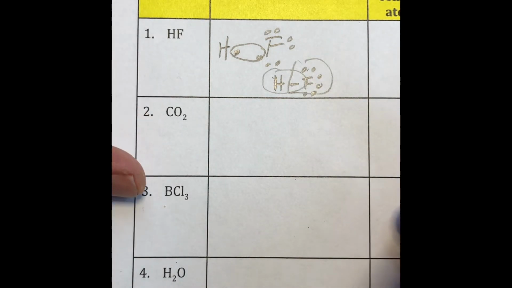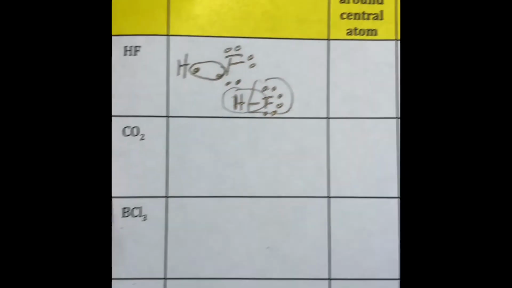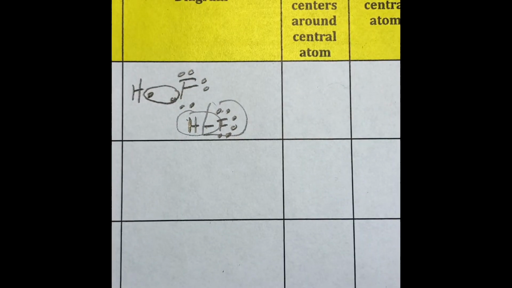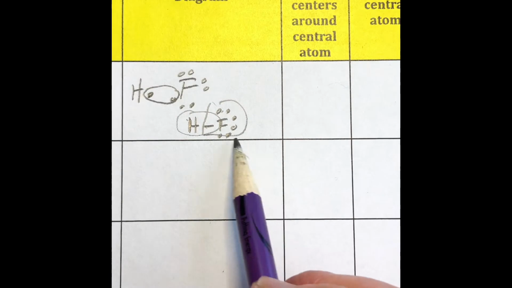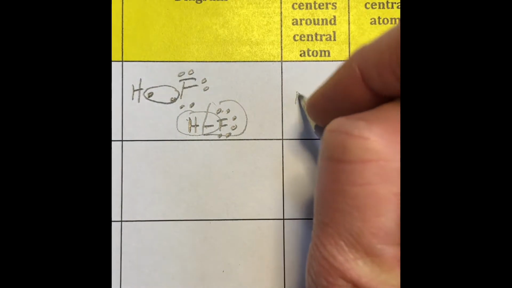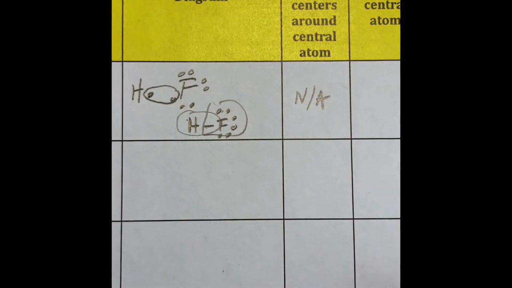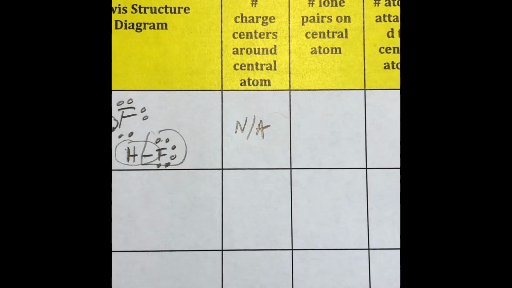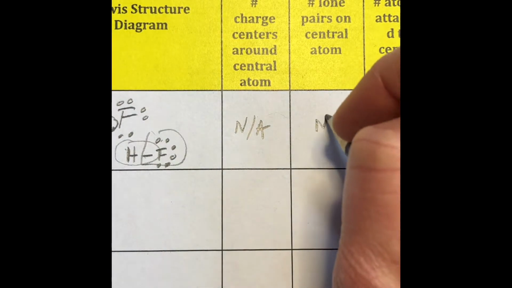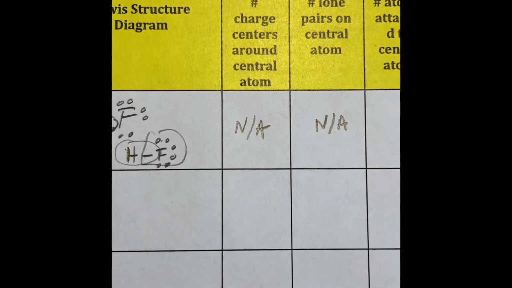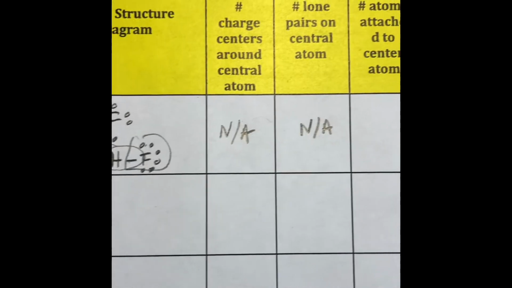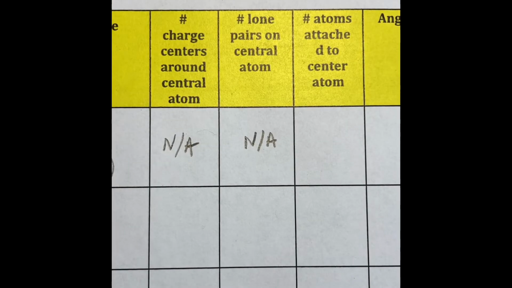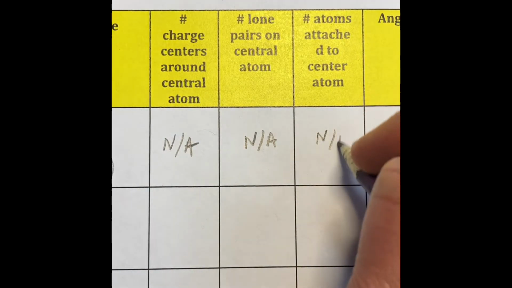Number of charge centers around the central atom: there is no central atom, so that is not applicable. Number of lone pairs on the central atom: there is no center, so not applicable. Atoms attached to the center atom: there is no center, so that's not applicable.